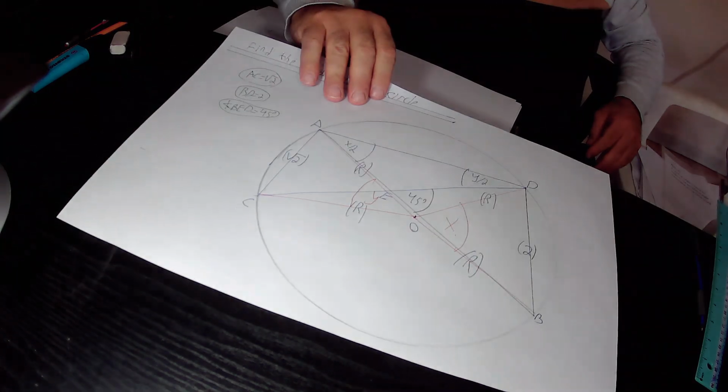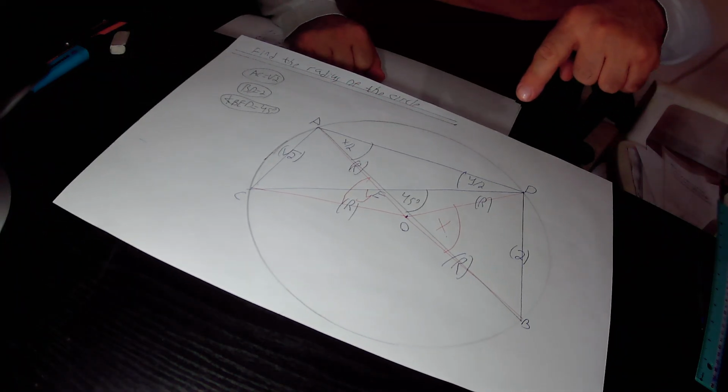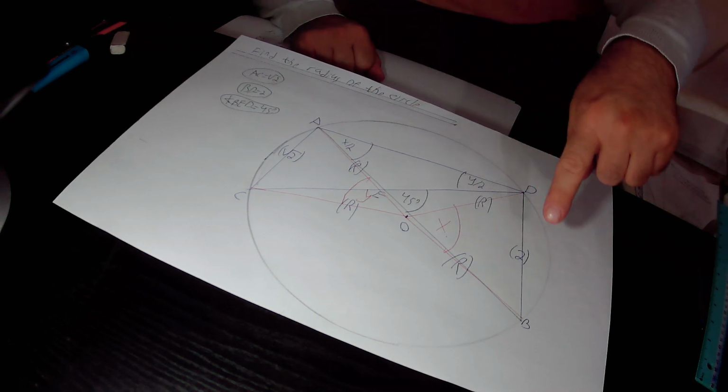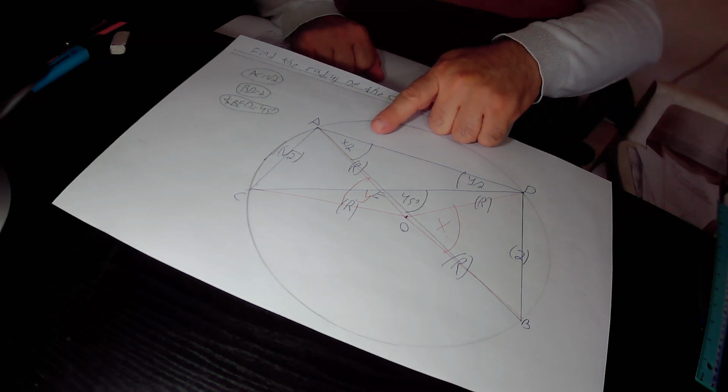So we can implement this rule 13 in our drawing. Peripheral angle DAB is subtended on arc BD and equals x over 2 degrees.